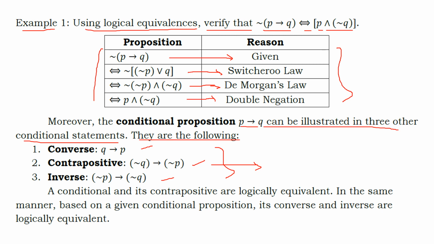So that's why in this example, a conditional and its contrapositive are logically equivalent. In the same manner, based on the given conditional proposition, its converse and inverse are logically equivalent also. And that will be your conclusion for this example number 1.